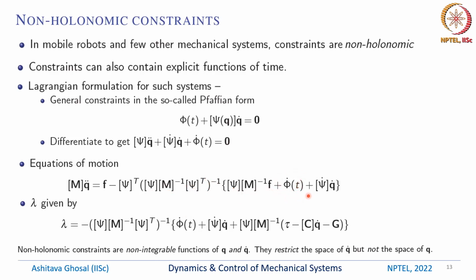But now we have terms with phi dot of t, and the psi dot q dot term was earlier also there. Lambda can now be obtained to include the effect of phi of t. So lambda will now contain phi dot of t. Previously this term was not there.